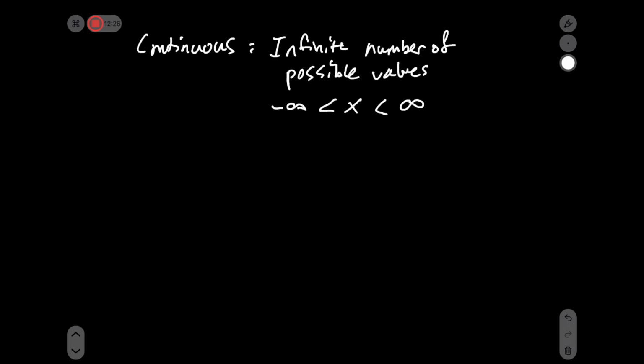Examples could be, let's say, your income. You could make $1,562,000 or $721.43 or something like this. Maybe it's possible with certain currencies to even get into fractions of cents or something like that.